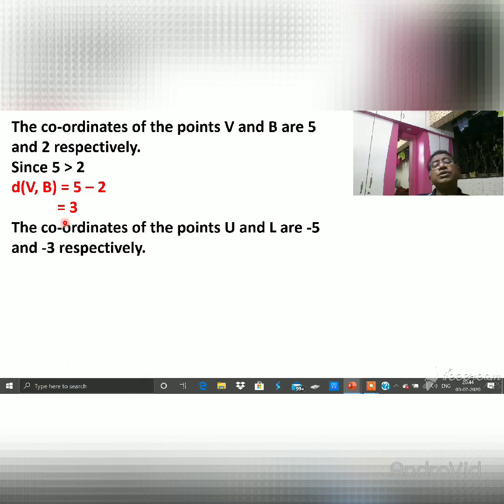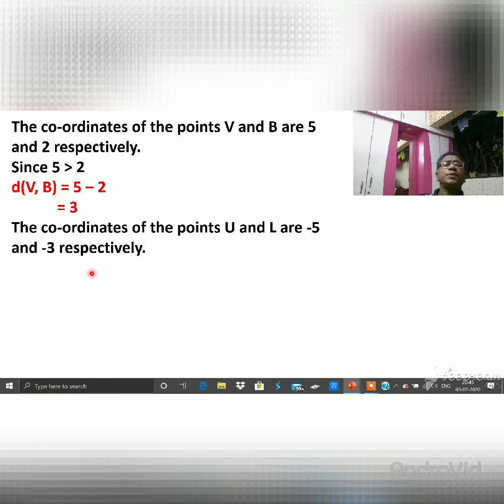Then we are going to see the last problem. The coordinates of points U and L: the U coordinate is minus 5, because I want to find the UL distance, and the L coordinate is minus 3. Both numbers are negative.